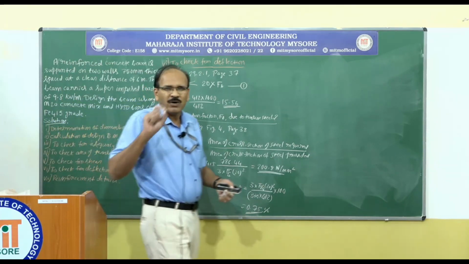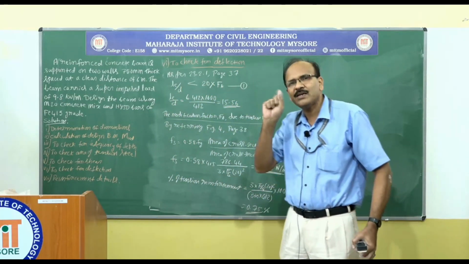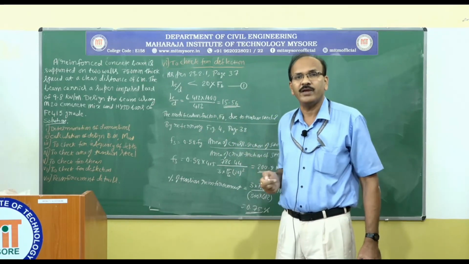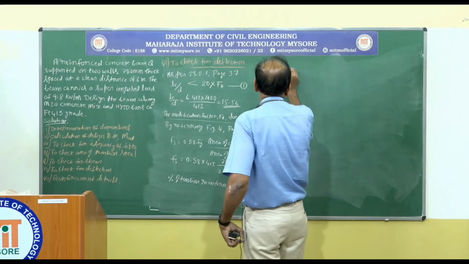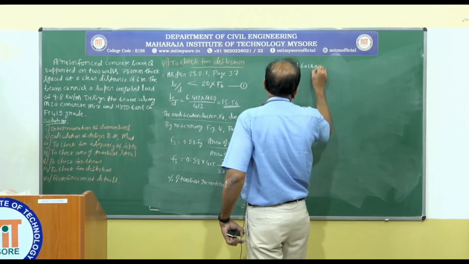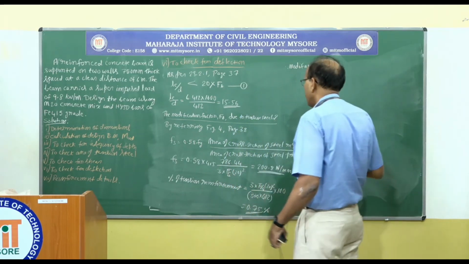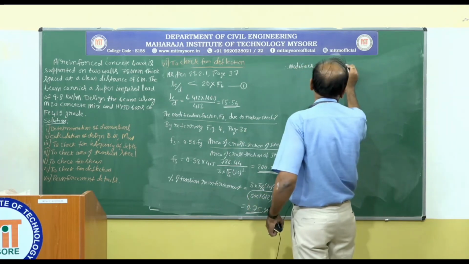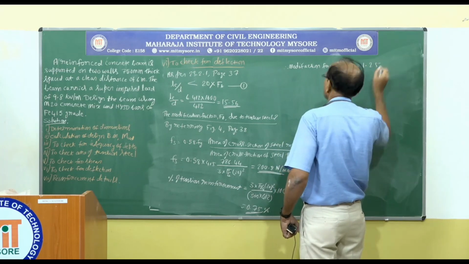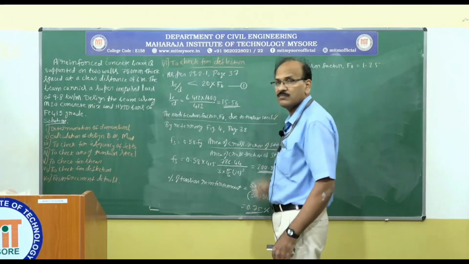Some people may get 1.2, some 1.25, 1.26, 1.27. A little bit of variation will always be there when you are reading the graph, but it's okay. Therefore, modification factor Ft equal to 1.25.